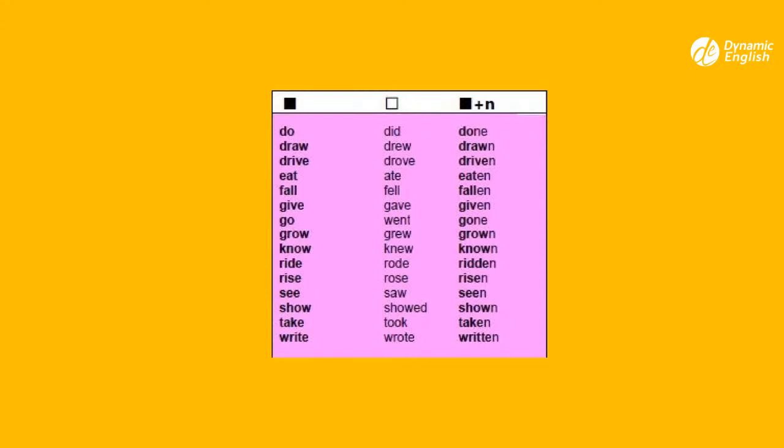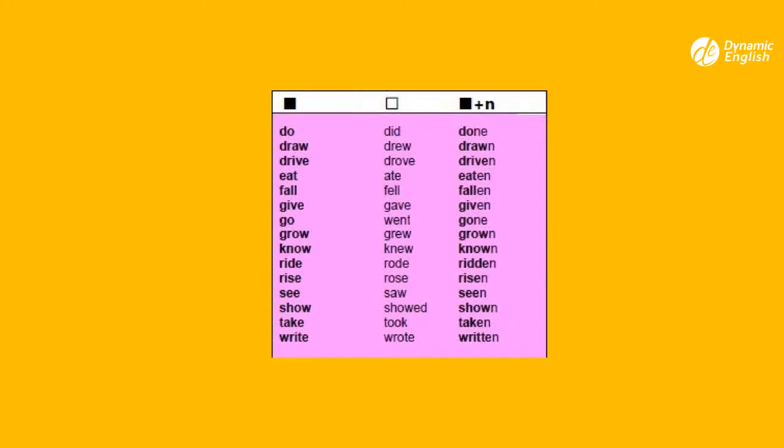And then shown. Take, took, taken. And finally, write, wrote, written. I hear mispronunciations with that a lot. People say "written." However, make sure that we're pronouncing that correctly and saying write, wrote, written.